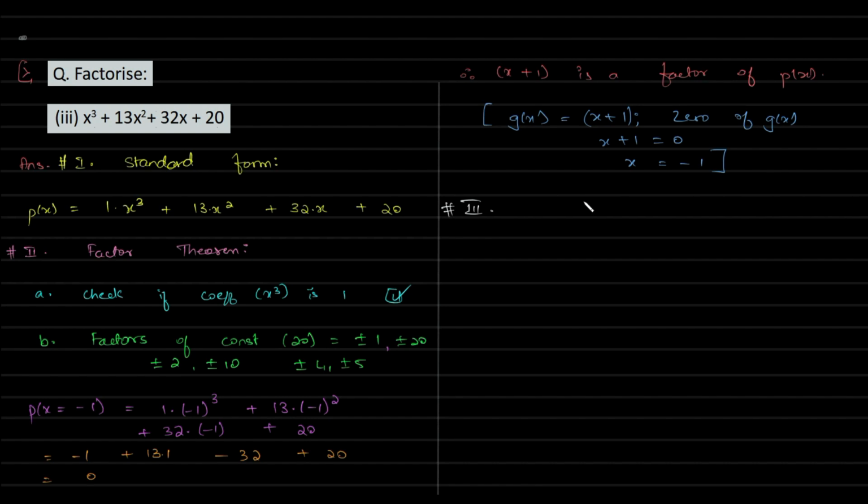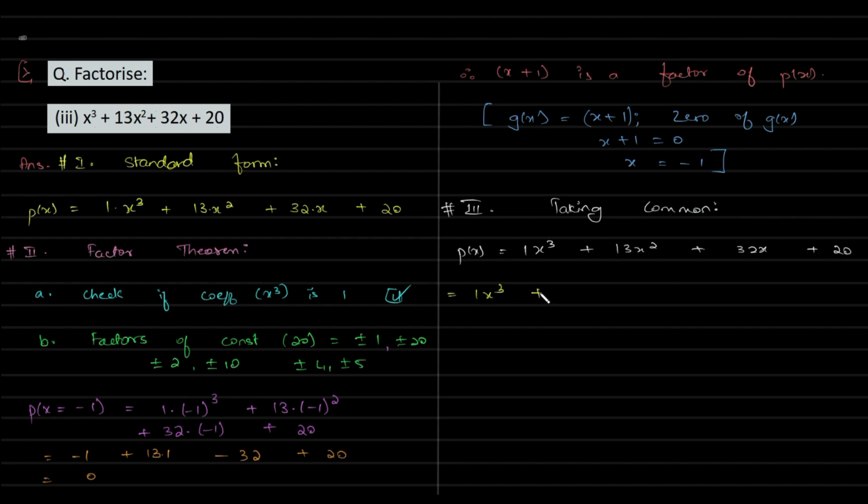So the next step is the taking common method. Again, you can do division also. All these are positive, so it will be easy to take common. 1x cube plus 13x square plus 32x plus 20. Now let's begin. 1x cube.